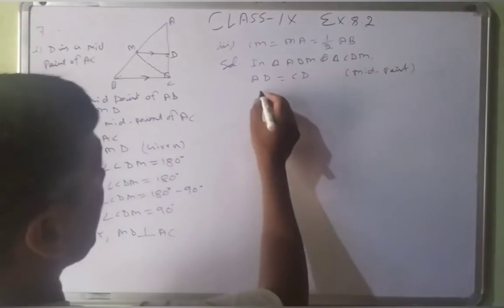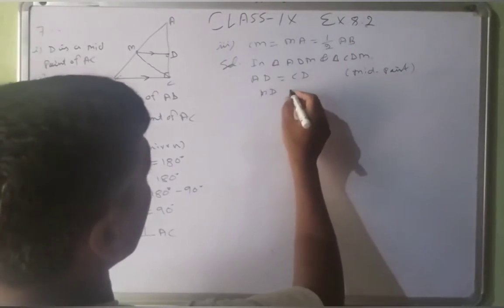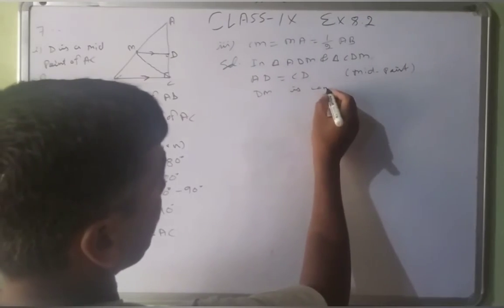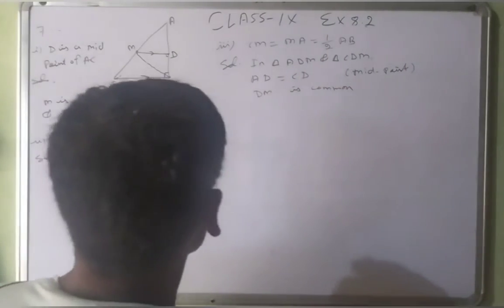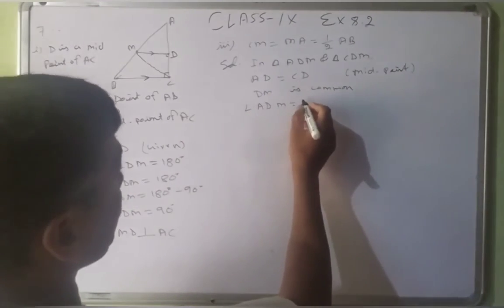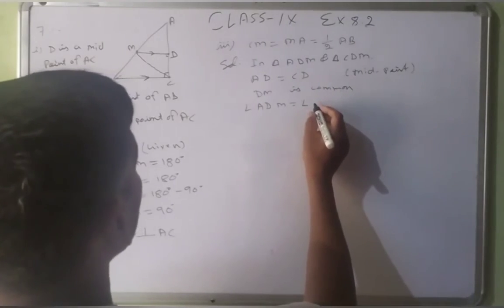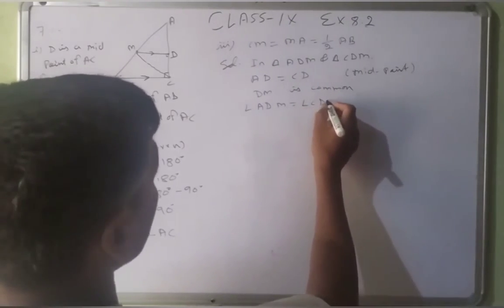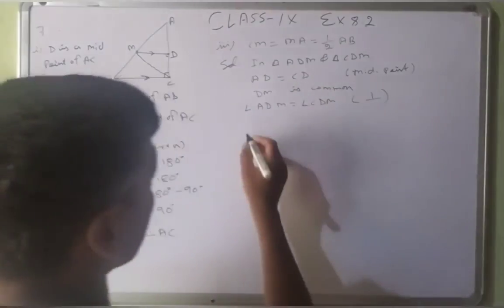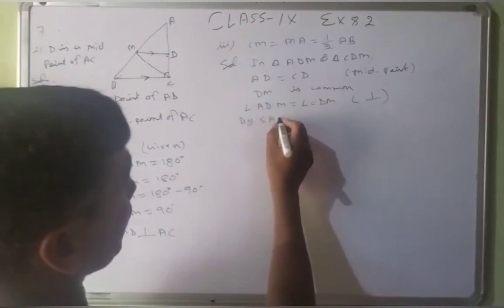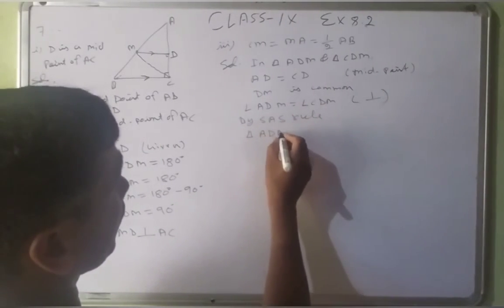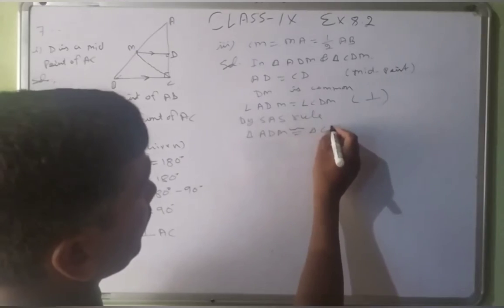MD is common, and angle ADM is equal to angle CDM by perpendicularity. By the SAS congruence rule, triangle ADM is congruent to triangle CDM.